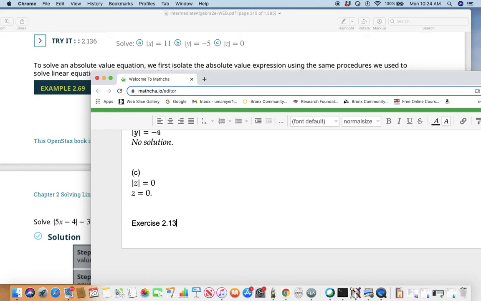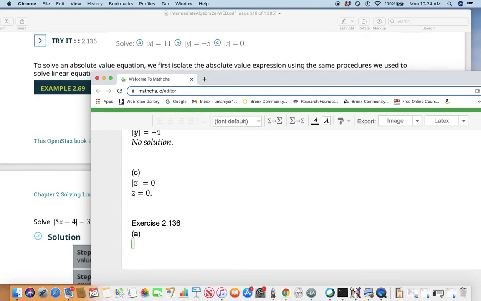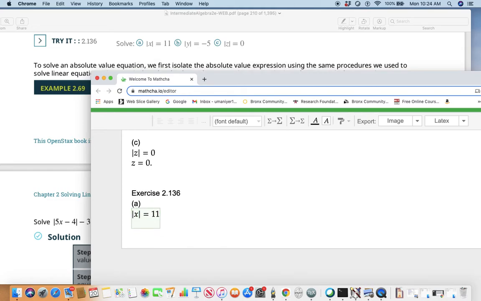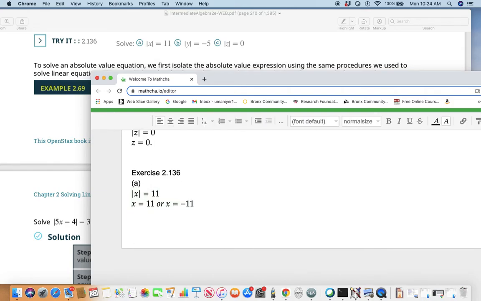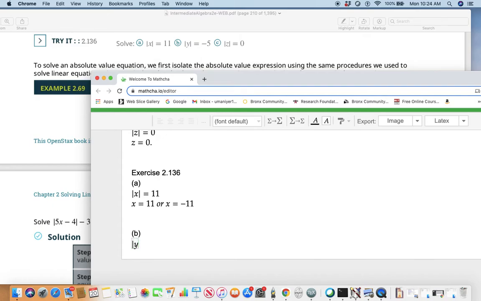Exercise 2.136. A. The absolute value of x is 11. That means x is positive 11 or x is negative 11. That's it. B. The absolute value of y is negative 5.